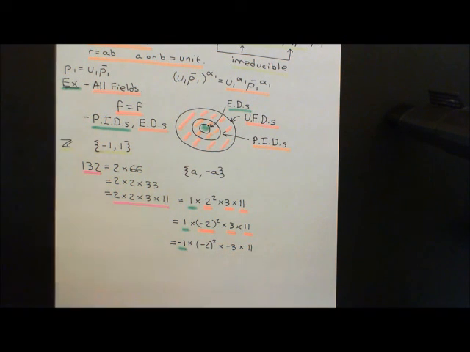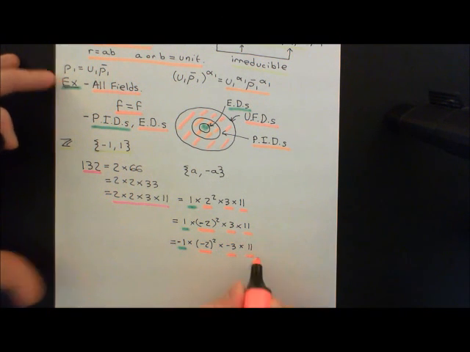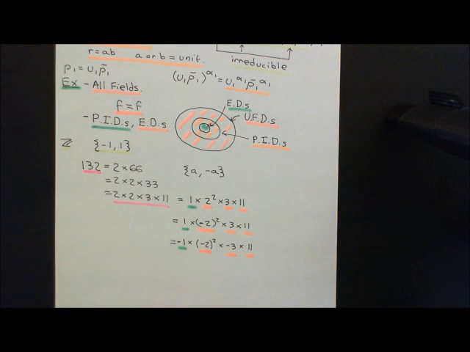So there's another example of a different irreducible factorization, but it's okay because all we've done is change the associates that we're using and change that unit out the front. That's what I mean that the irreducible factorization needs to be unique up to the fact that you can use different associates of the irreducibles, and then you can play around with the unit that you need out the front.